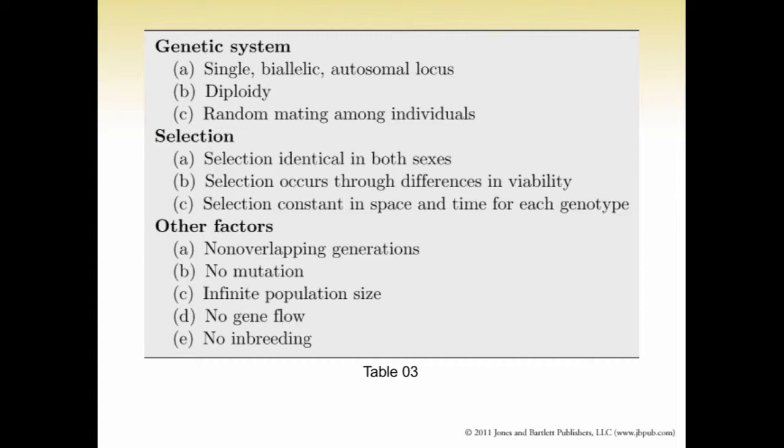We are going to start with the simplest forms of selection that assume a diploid organism, single biallelic variation, and random mating among individuals. And we're not going to look at all the other factors such as drift, migration, mutation, inbreeding that can affect selection. We're going to assume it's identical between the sexes, that it's through differences in viability, and it's constant in space and time.